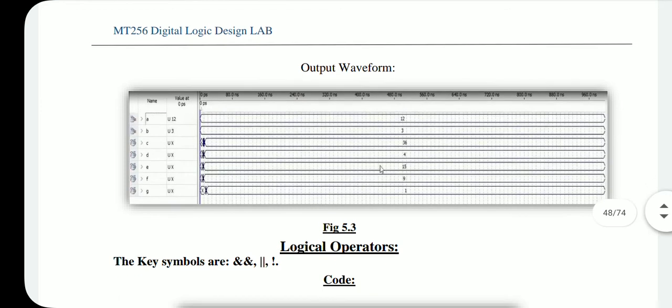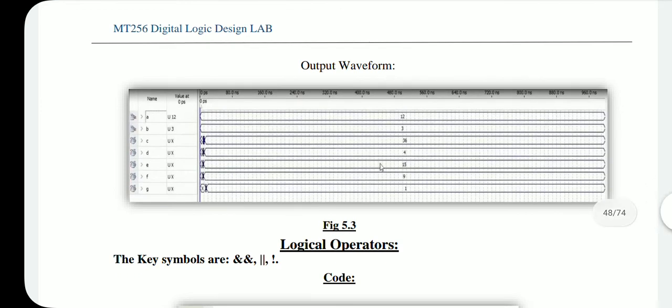E was addition, so 12 plus 3 is equal to 15. F was subtraction, so 12 minus 3 is equal to 9. G was modulus, which uses the remainder, so when we divide 12 by 3, we get a remainder of 0.